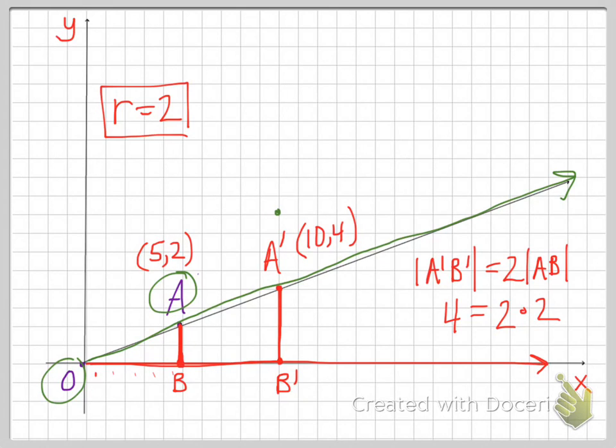And if I put it on the line, but maybe down a little bit over here, say, and drew, because I know that B prime has to be right here, because it's double the distance of OB. But if I drew that, then this and this would not be parallel segments, and so it would not be a dilation. So that can't be where my line is. So the only place it can be is straight up from B prime on the line, and that gives us the coordinates 10, 4.